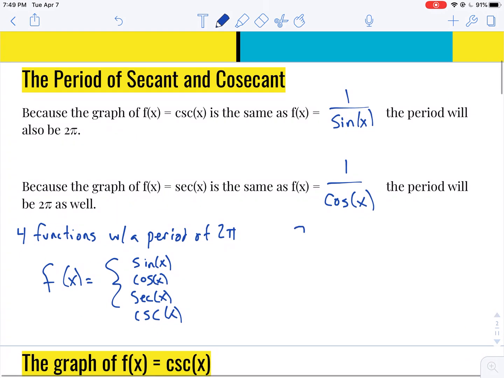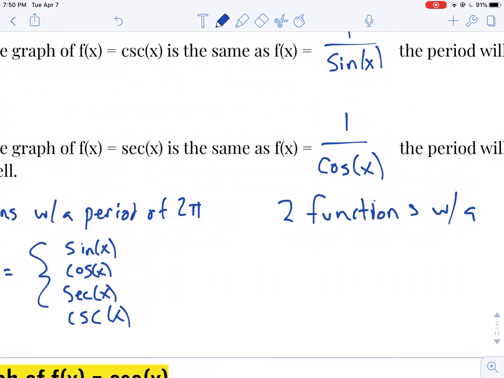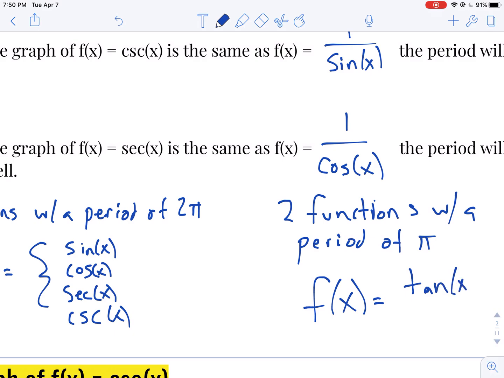And then we have 2 functions with a period of pi, and that's when f of x is equal to the tangent of x or the cotangent of x.